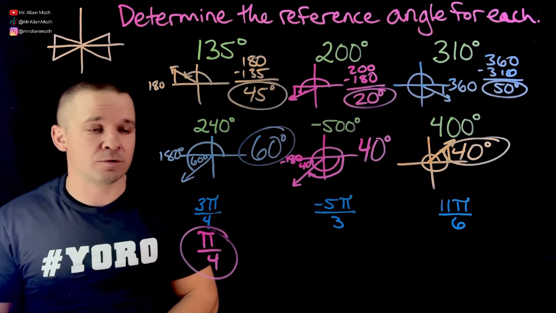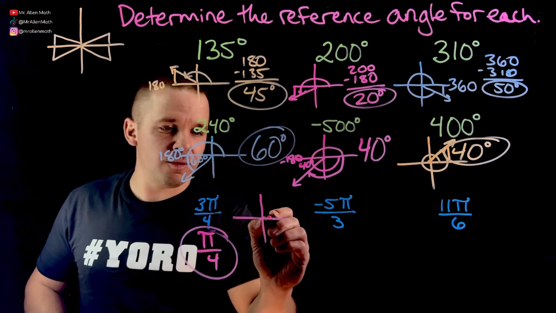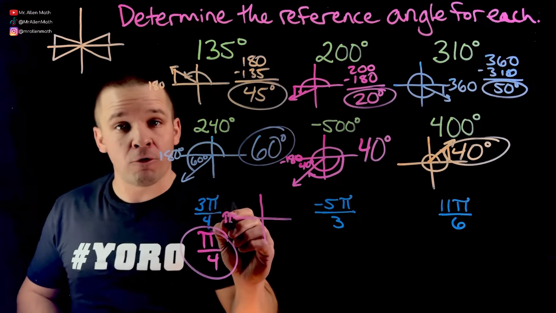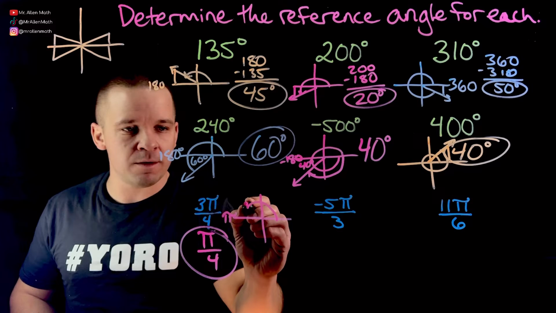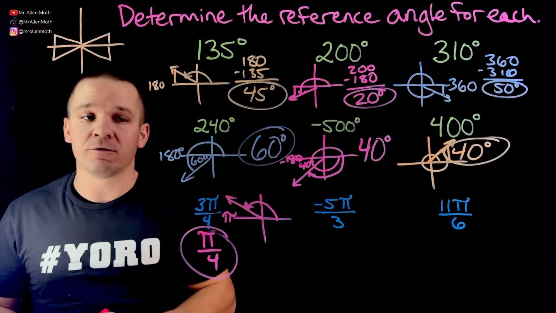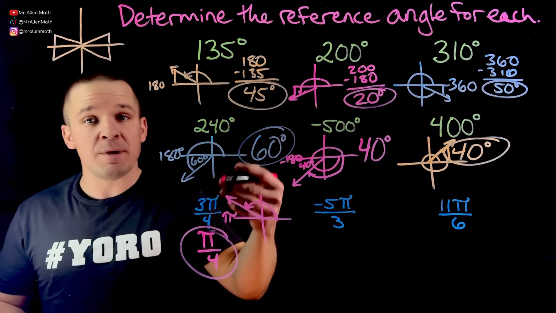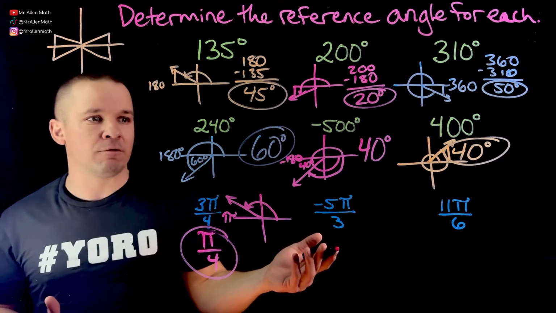That's it. I'm going to draw it up here real quick. 3 pi over 4. Well, this right here is pi, or 4 pi over 4. I'm 1 pi over 4 away from being all the way to 4 pi over 4. One more from 3 would give me 4 pi over 4, which would give me pi. So my reference here is pi over 4.